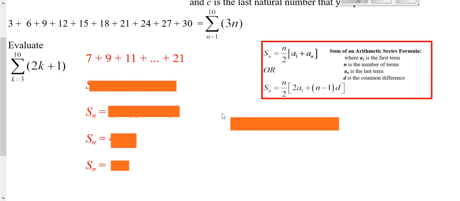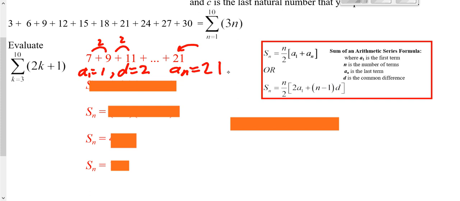So now, if you write it out, which I highly encourage you to do, you can see that you have your first term. You can see that you're going up by 2, so that d is 2. And then you can see that your last term is 21.